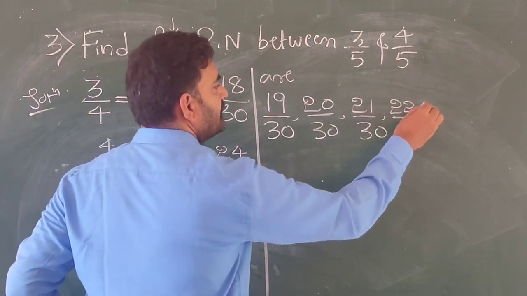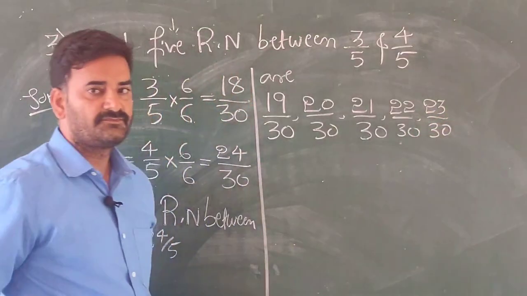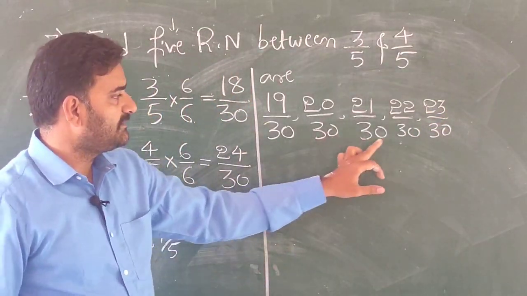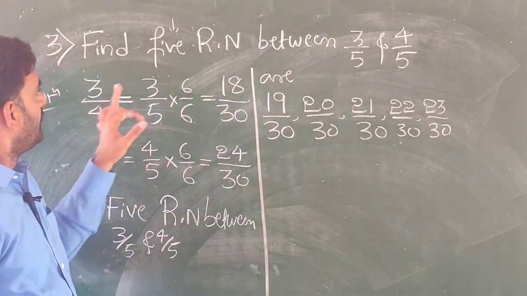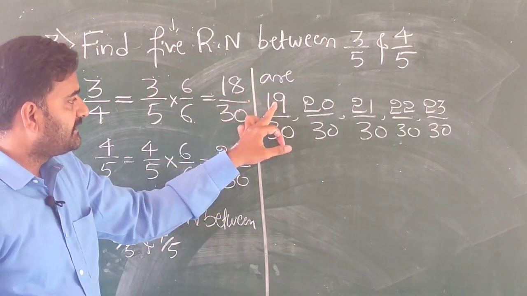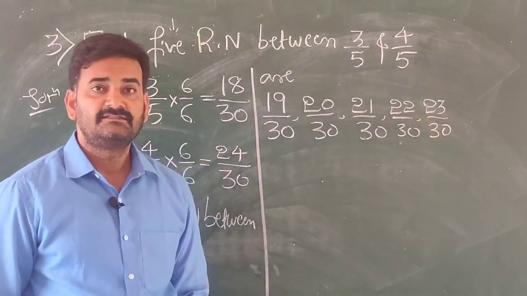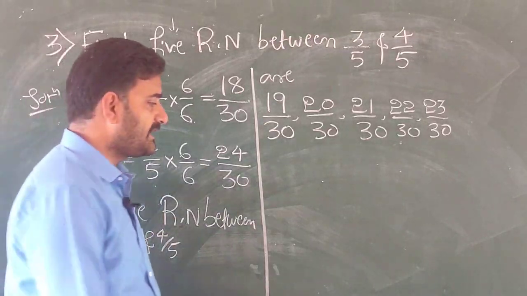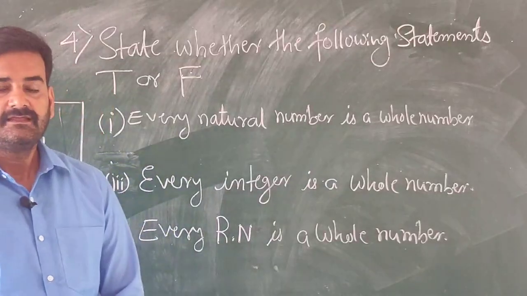One more, 23 by 30. 1, 2, 3, 4, 5. He asked us to write 5, after 18 and before 24. This is the way to write rational numbers between any two.